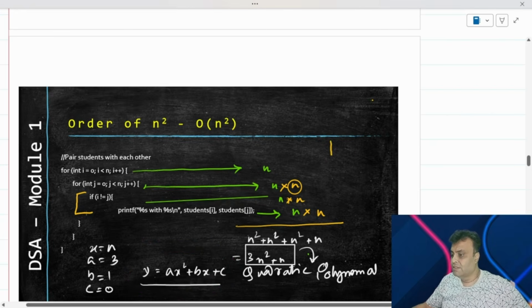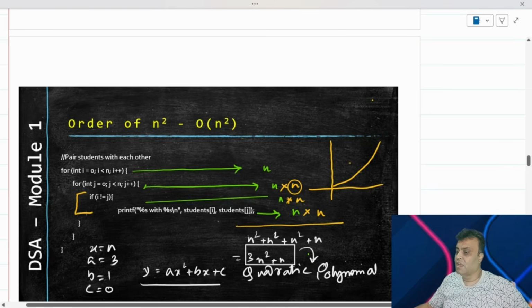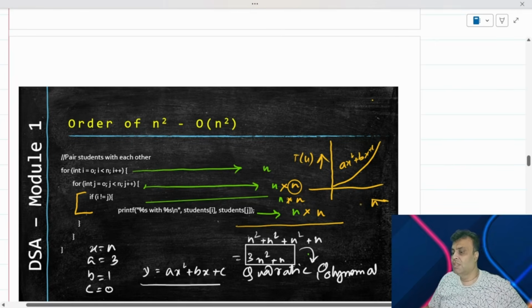And this is going to look like this from a graph standpoint, right? Here you will have your intercept c, and then you will have the graph which is mimicking ax square plus bx plus c. So this will be your time complexity, this will be your n, and you will have a curve which is looking like this. So any class of polynomial that follows this curve will always have what?